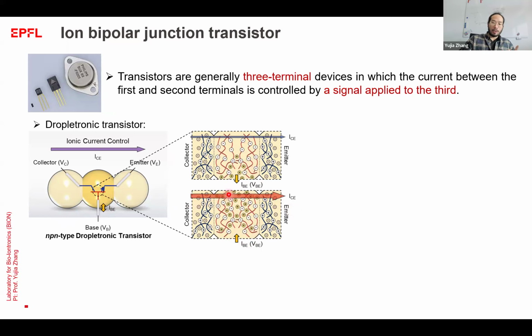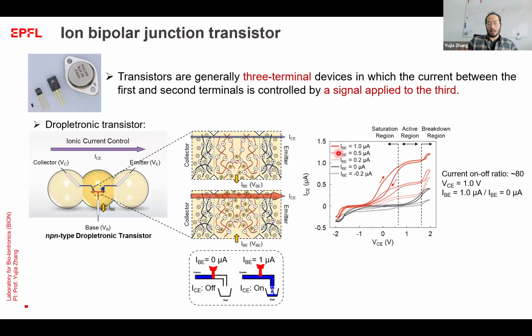If we apply a reverse voltage or current, it will draw away all the mobile ions, and the conduction becomes less effective between the left and right collector and emitter droplets. It's basically like opening or closing a water faucet or a water tap.